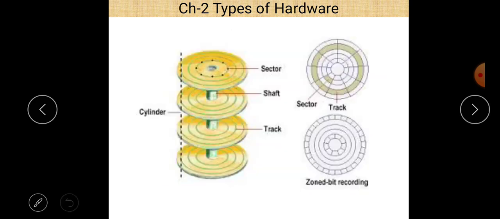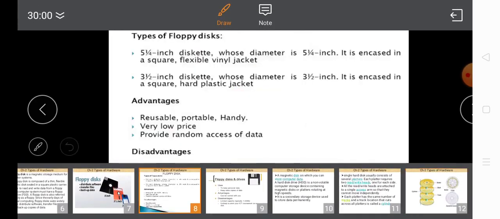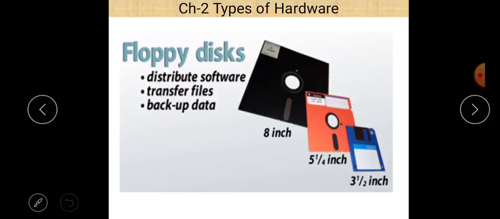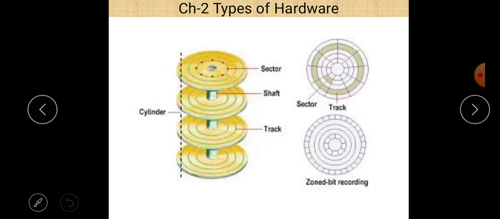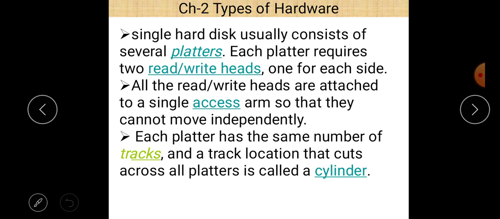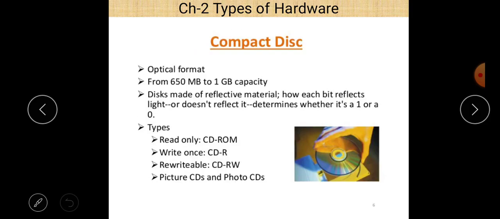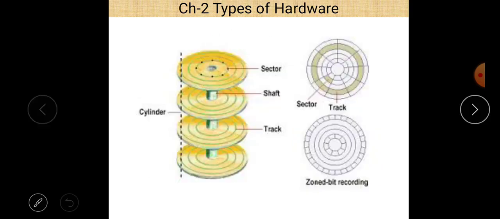That is very important. You can easily see that cylinder here, and there are many cylinders in it. This is one of them. So that is the diagram of a hard disk. An access arm rotates the disk, and when the disk is rotated, you can perform read and write operations on a hard disk.